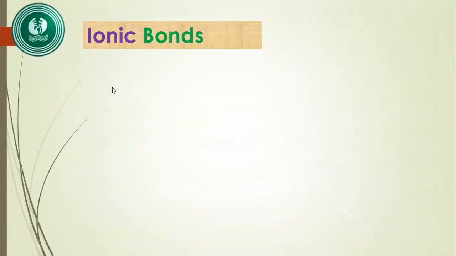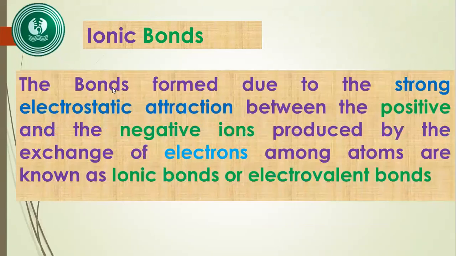Now we will see the definition of an ionic bond. The bonds formed due to the strong electrostatic attraction between the positive and the negative ions produced by the exchange of electrons among atoms are known as ionic bonds or electrovalent bonds. We will explain this definition using sodium chloride.